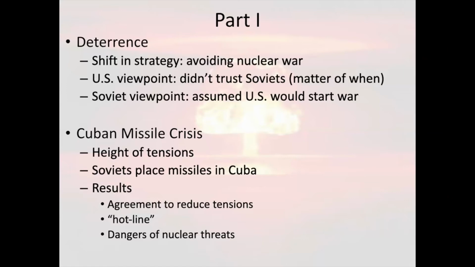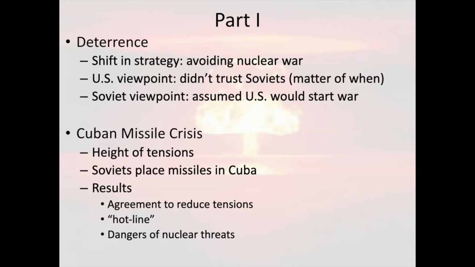Then into the 1960s we go, and in the early 1960s we get the height of the Cold War with the event that became known as the Cuban Missile Crisis. What happens is the Soviets are taking missiles and placing them in Cuba, which was a newly formed communist country, and they did it without the United States knowing.